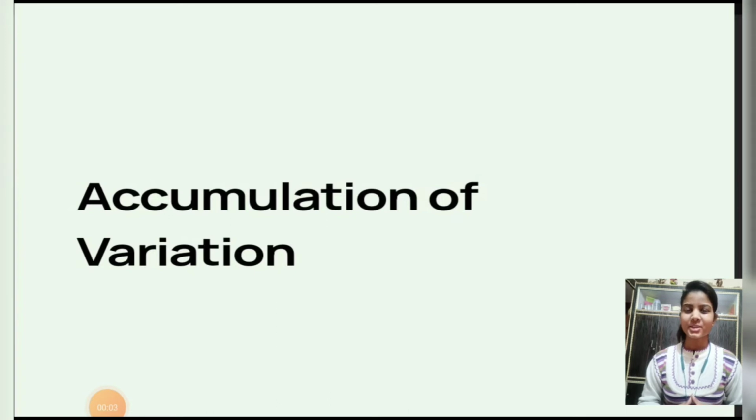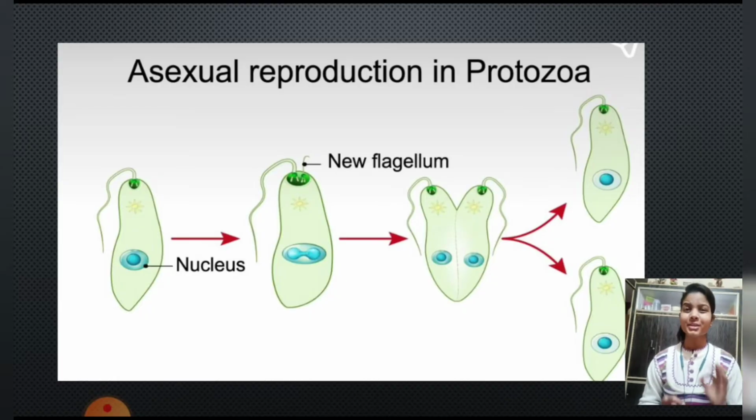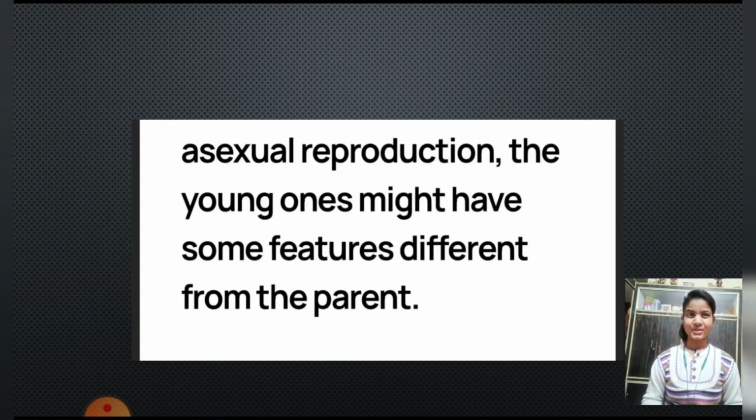What is accumulation of variation? We have learned before that asexual reproduction gives rise to new individuals which are exactly similar to their parents. But sometimes in asexual reproduction, the young ones might have some features different from their parents.